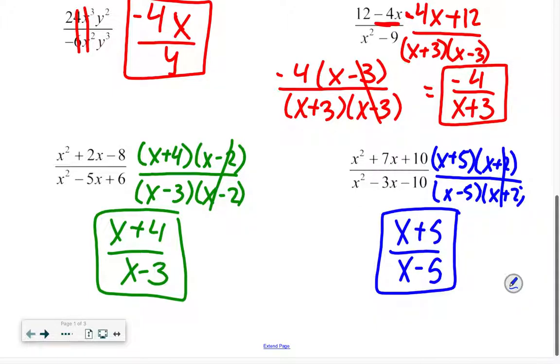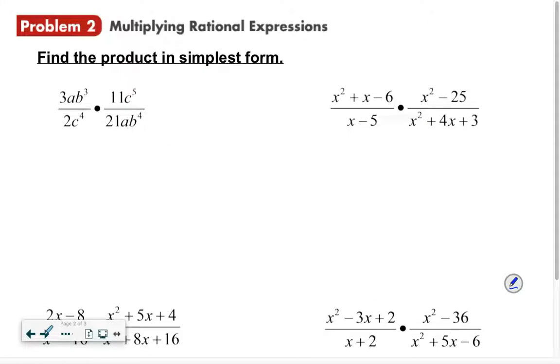None? Okay. Next thing we're going to talk about is multiplying rational expressions. I kind of like to think of it as a combo of multiplying and dividing. You can solve them several ways. First off, how do we multiply fractions?